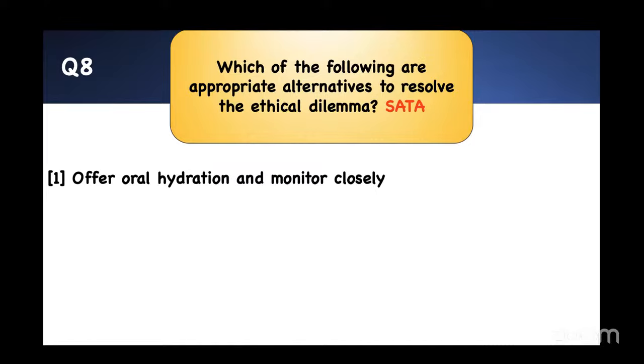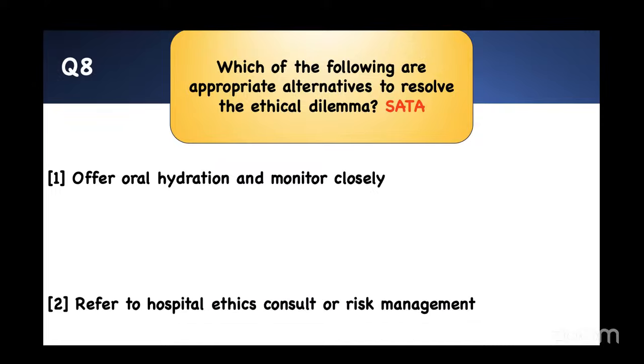Remember, patient refused IV. He wants to go home, but he's dehydrated. He has Alzheimer's disease. The doctor said insert IV. The nurse wants to talk to the charge nurse. Okay, what do I do? I have an ethical dilemma. I'm confused. Should I offer oral fluid that will hydrate the patient? What do you think? If you are the nurse in this situation, is that a good thing to do?